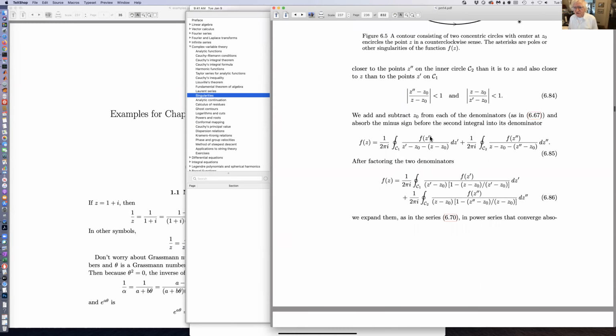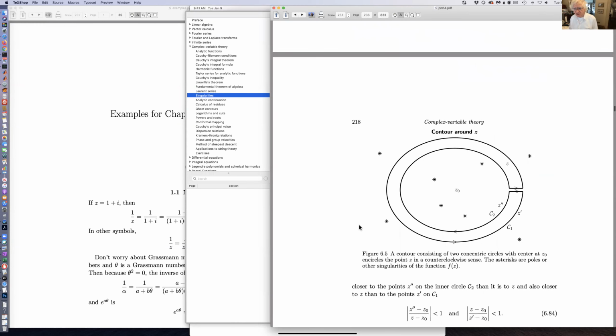What we did then, you remember, is that we considered a function that had various singularities, and we did a contour integral that didn't include any of the singularities, and could be shrunk to a point.